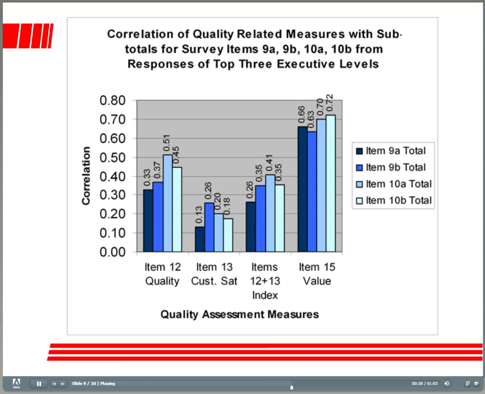And the 0.45 is the correlation between the use of quality tools and the quality level. And that's fairly high for this situation. And so the implication is that there could be some way to predict what the quality level of a company is based on its use of quality tools.